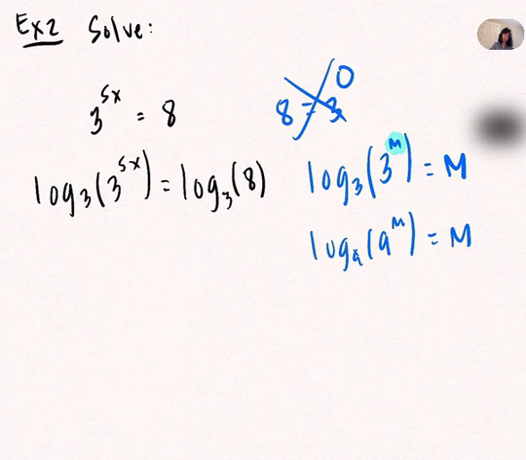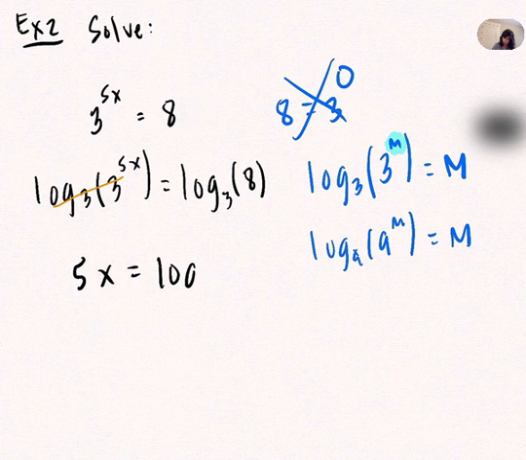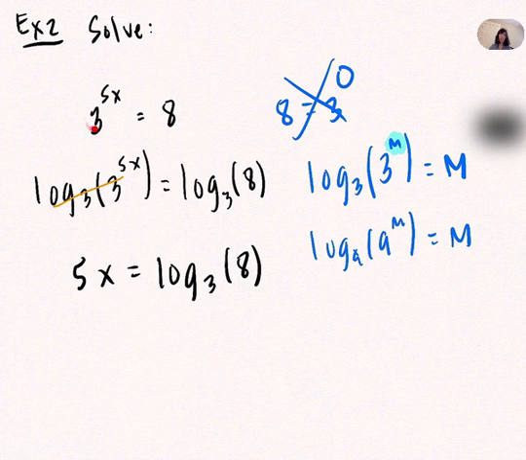Because then we can use this property over on the right and basically cancel all this away to get 5x on the left by itself. So I noticed what the base is on the left. It's 3. And then I did log base 3 of both sides in order to move the 5x down so that it's not in the exponent anymore.